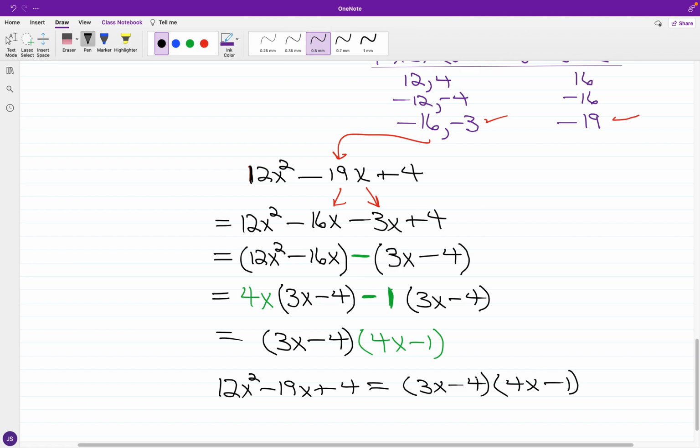Inside product, negative 4 times 4x is negative 16x. So we've got minus 3x minus 16x, which will yield negative 19x. And negative 4 times negative 1 is a positive 4.